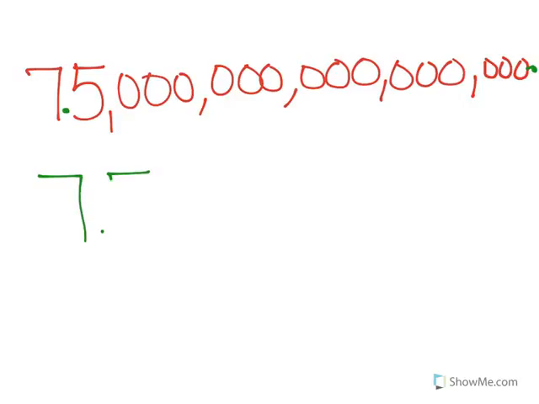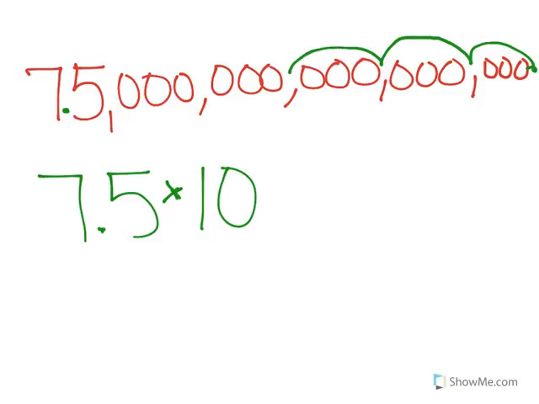So we would have 7.5 times 10, and we need to know how many decimal places we're moving. So if I'm moving from here, that's a group of 3. That was 3 decimal places, 6 decimal places, 9 decimal places, 15, 18, and 1 gives me 19 decimal places.